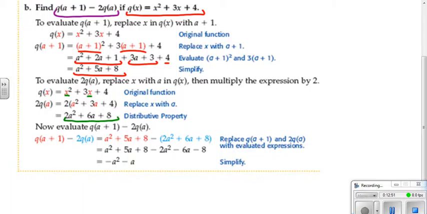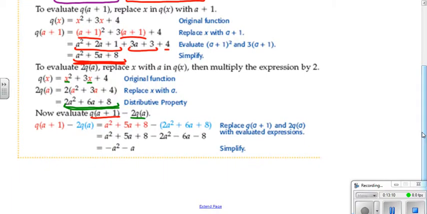Now, at the end of all that, we want to take this piece that we had underlined in red, and subtract the piece that we underlined in green. Because again, that would be this piece minus this piece.